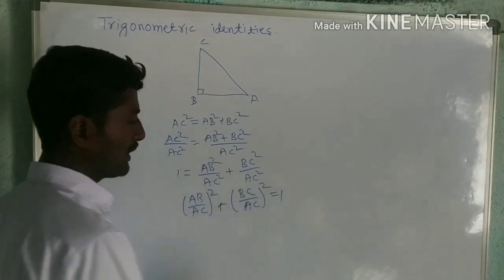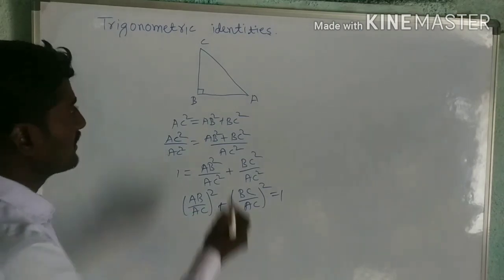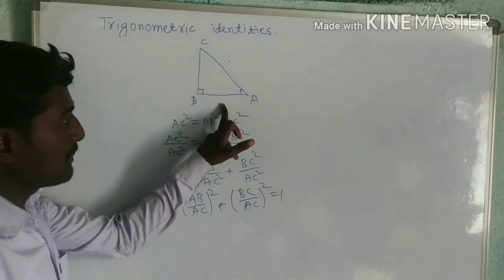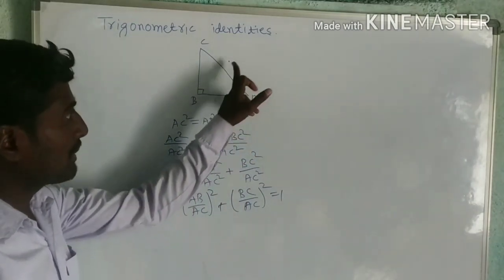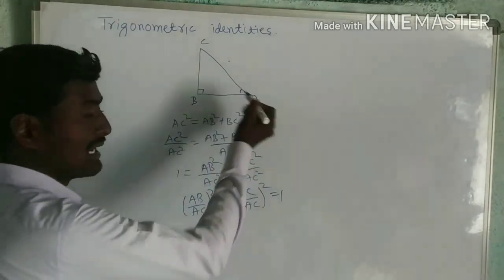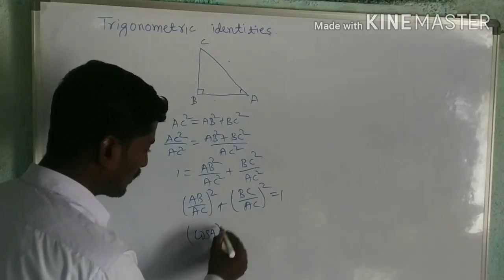Now this is equal to 1. Now AB by AC: for the angle A, AB is the adjacent side and AC is the hypotenuse. Adjacent divided by hypotenuse is cos A. So this is cos A square.